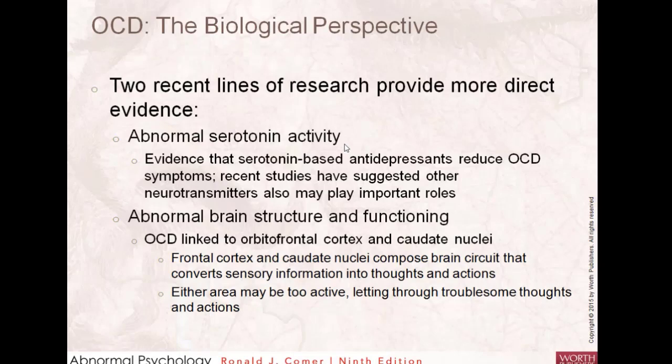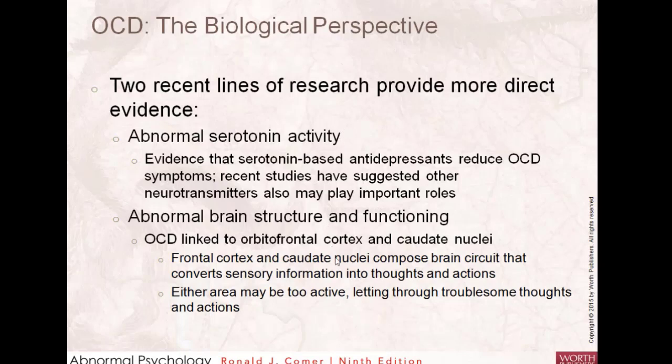So medications that help increase serotonin are usually very helpful for OCD. So things like SSRIs, those selective serotonin reuptake inhibitors that force the body to leave serotonin in the synapse longer, can be helpful.